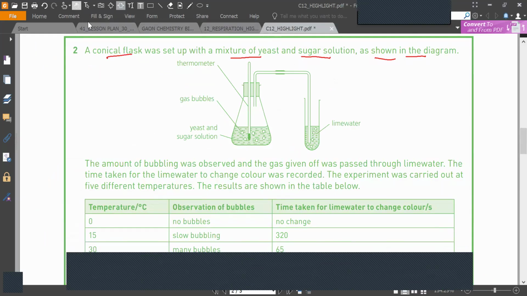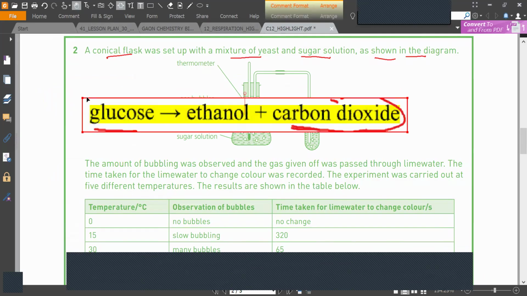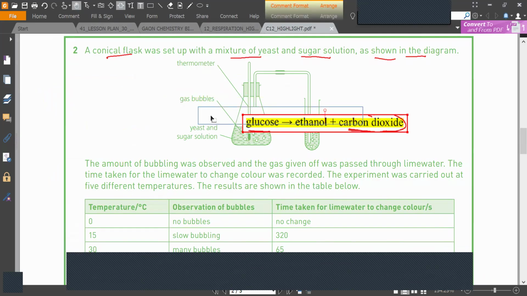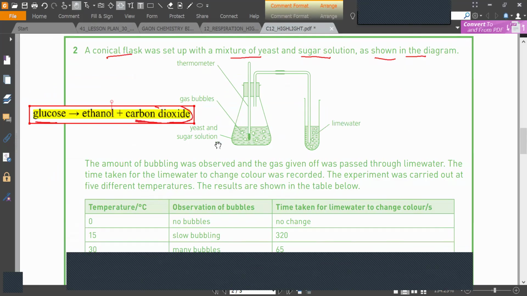Glucose produces ethanol and carbon dioxide. So the yeast and sugar solution will form gas bubbles, and the gas bubbles will be carbon dioxide. The CO2 gas bubbles pass through lime water.